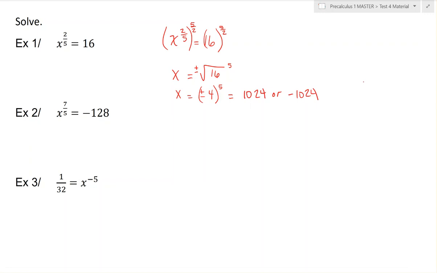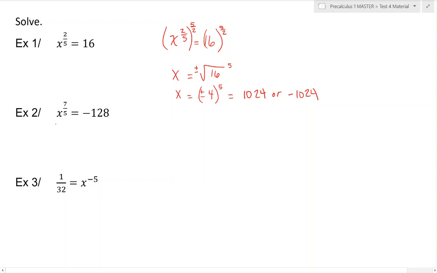If you have negative 1024 in parentheses and you raise it to the 2/5 power, then you will get 16 as in the original equation. So just remember, if you are raising to a power that has a denominator that's even, you're really taking an even root. You have to put plus minus.